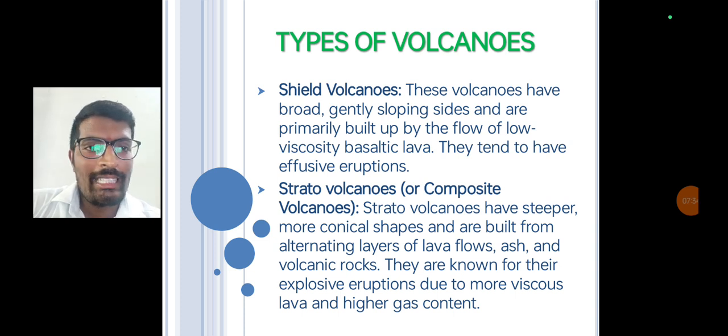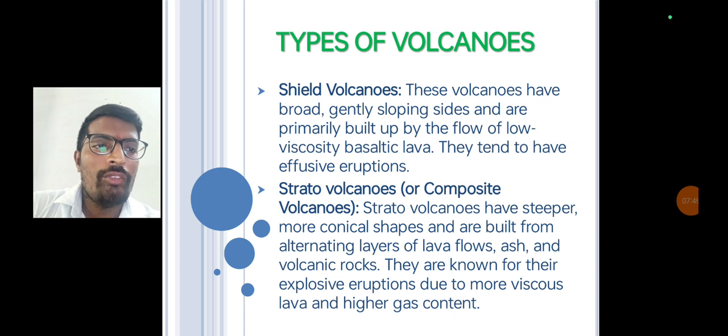Now coming to the second type. The second type is composite volcanoes, also called stratovolcanoes. These have a steeper, more conical shape and are built from alternating layers of lava flows, ash flows and volcanic rocks. They are known for their explosive eruptions due to more viscous lava and higher gas content.